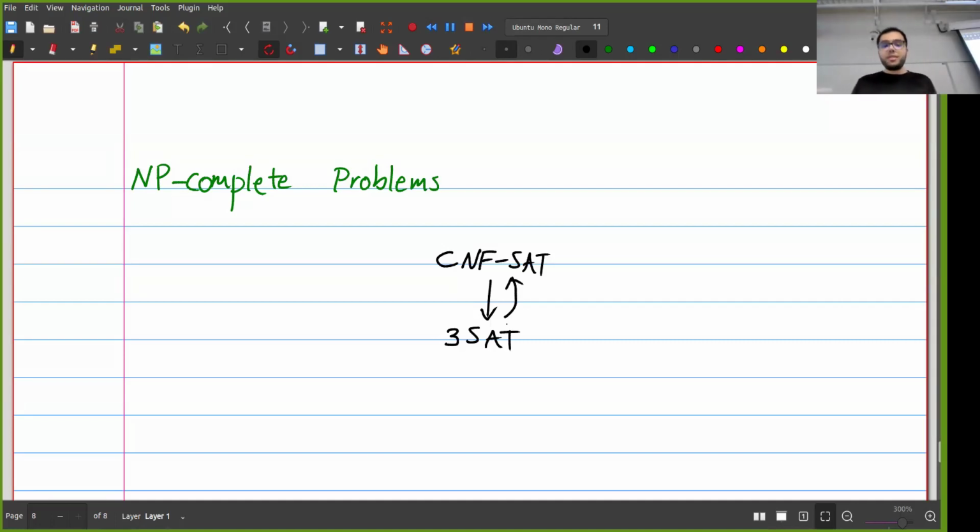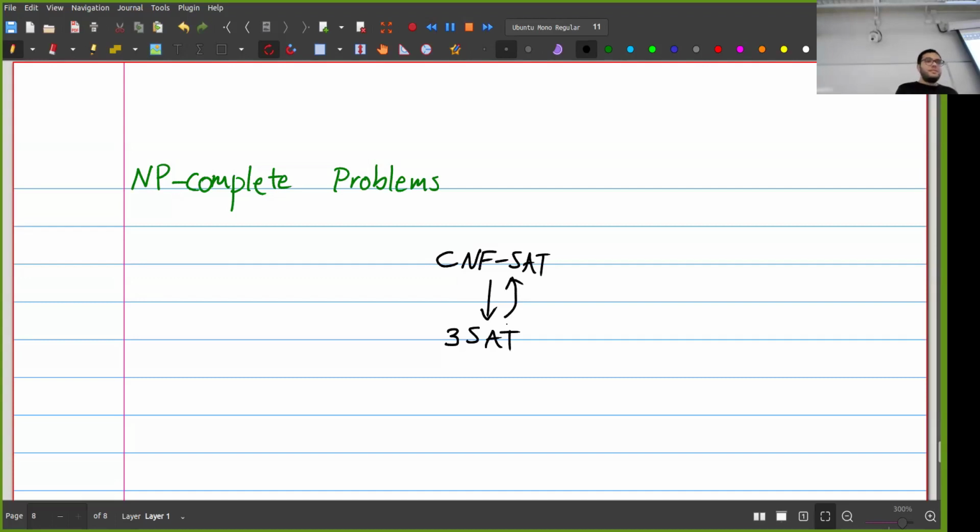But today we're going to see a lot of other problems that are also NP complete. All of these NP complete problems have the same difficulty, in the sense that if you solve one of them, you have solved all of them in polynomial time. But of course, as I mentioned in the last session, we don't know if P is equal to NP or not. So for all the problems that we're going to see today, no one knows if a polynomial time algorithm actually exists.